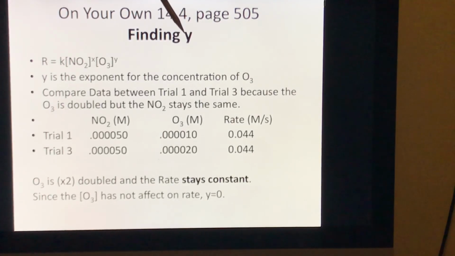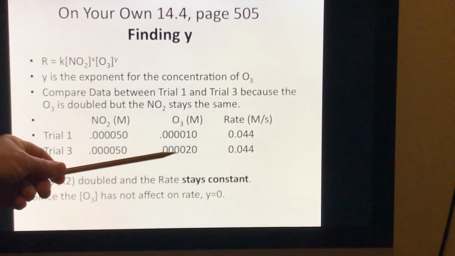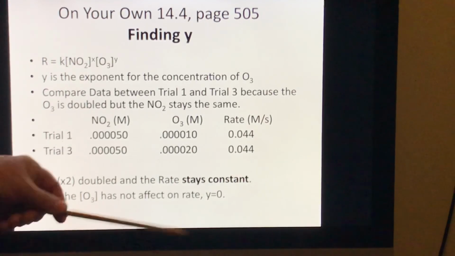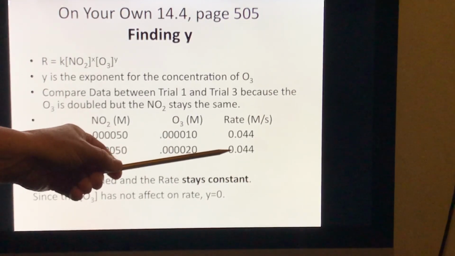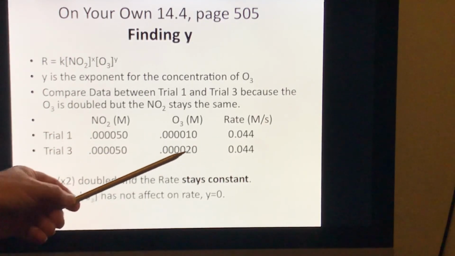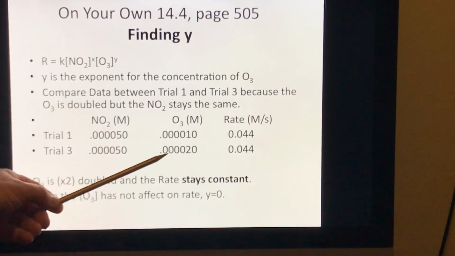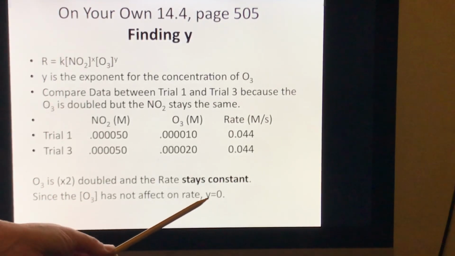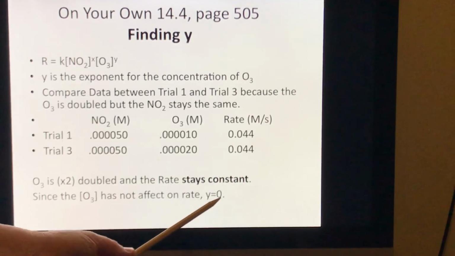Now we're going to find Y. Y is the exponent for the concentration of the O3. We'll compare data between trial 1 and 3 because this O3 is doubled, but the NO2 stays the same. Now in this case, our rate is also constant, it doesn't change. And when the rate is not affected by the concentration of the reactant, then we say that exponent Y is equal to 0.